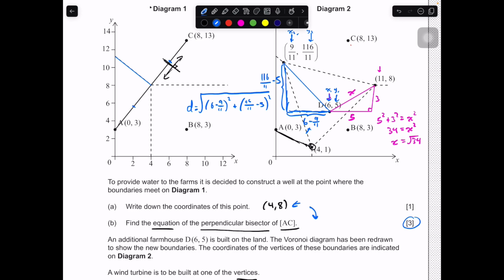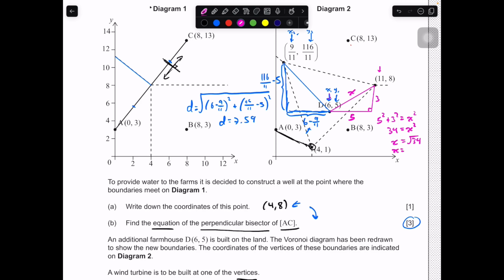And let's see what we can do. 6 minus 9 over 11, square that value, plus 116 over 11 minus 5, then we'll square that, and then let's take the square root of all of that business, and then it tells us that d is equal to 7.589, or just 0.759. So we have 1 as a messy decimal and 1 as a rather clean root.